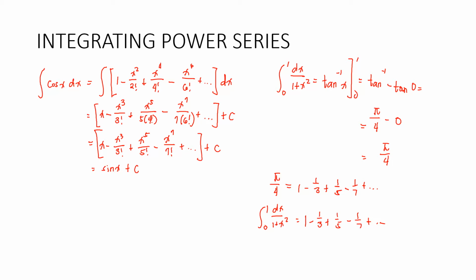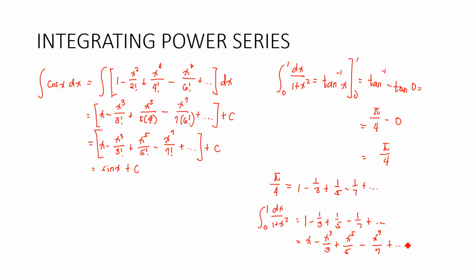So if we're going to get the derivative, that would be equal to x minus x cubed over 3 plus x to the 5th over 5 minus x to the 7th power over 7 plus so on.